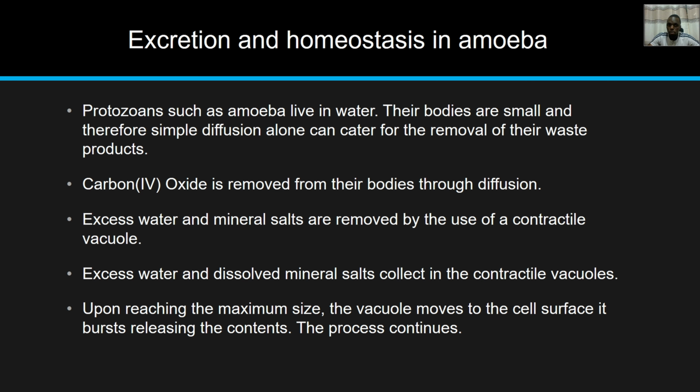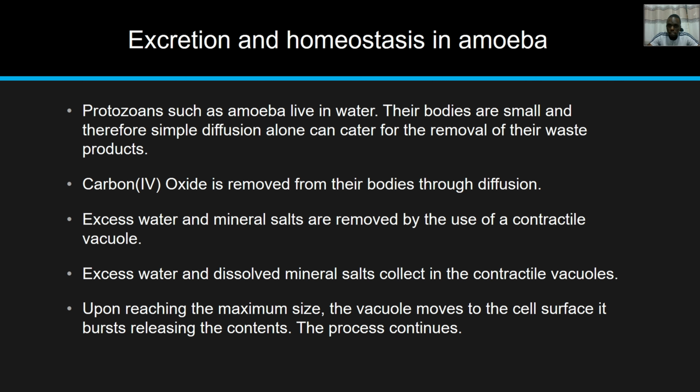So protozoans such as the amoeba live in water. Their bodies are very small and therefore simple diffusion can cater for the removal of waste products. The body of amoeba is in contact with water, so you find that the surface area to volume ratio is big and therefore the waste products can easily diffuse from where they are highly concentrated to where they are lowly concentrated, which is the water.